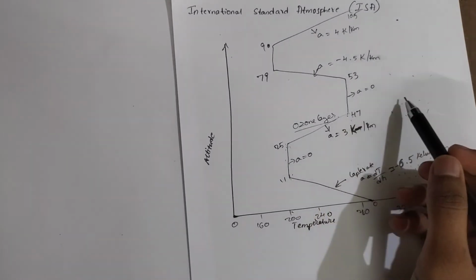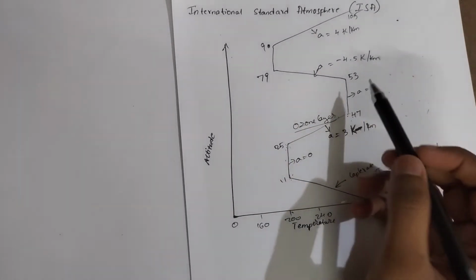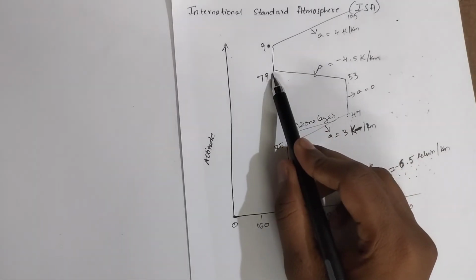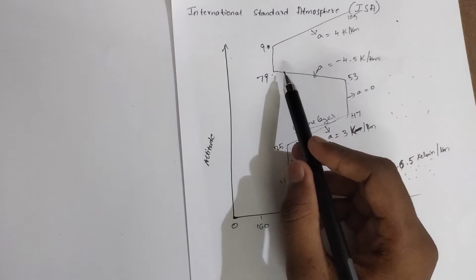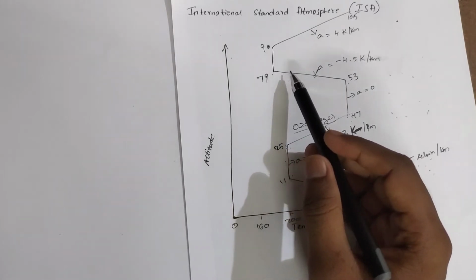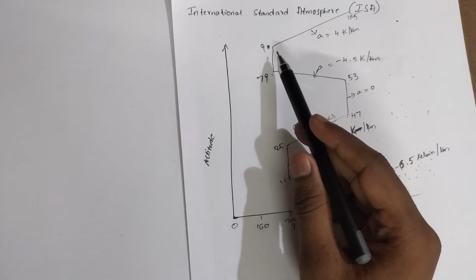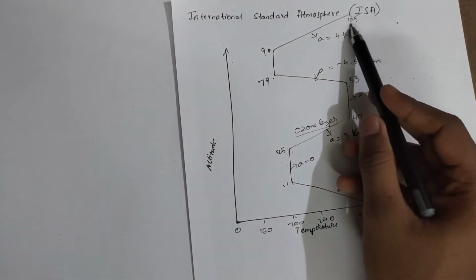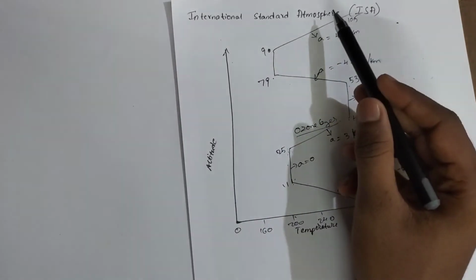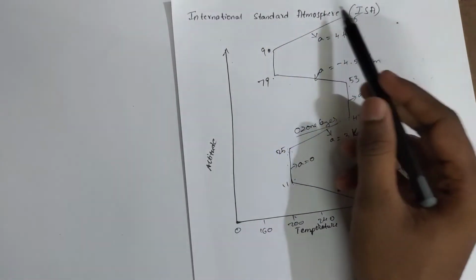It is known as the isothermal region, and the lapse rate is 0 here. And from 53 to 79, it follows the same trend as the temperature reduces as we move higher from the surface of the earth. From 79 to 90 is an isothermal region again, and from 90 to 105, it is again increasing because this region is close to the sun.